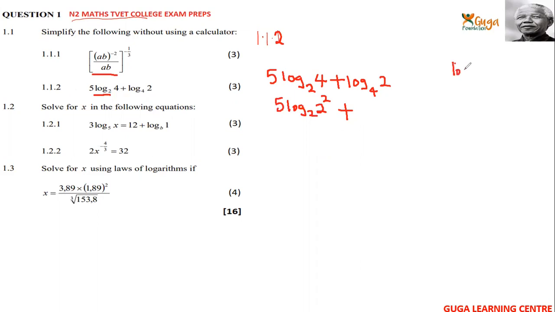The rule says log base A of B is equal to log of B, so you keep your B, all over log of A, and now you put your new base.